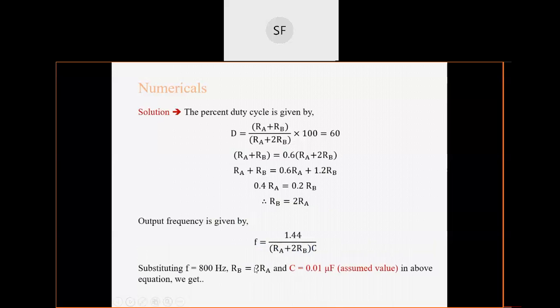Alright, now we will proceed with the given information. We have the information regarding percentage duty cycle and we know the expression for the percentage duty cycle. So we put this expression here and we also put the given value of duty cycle as 60%.